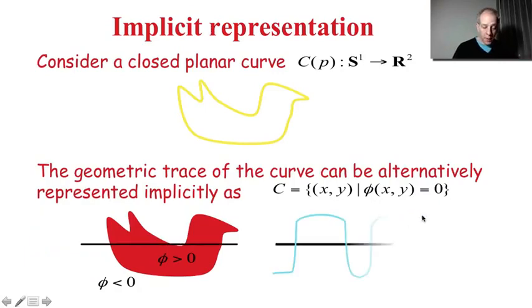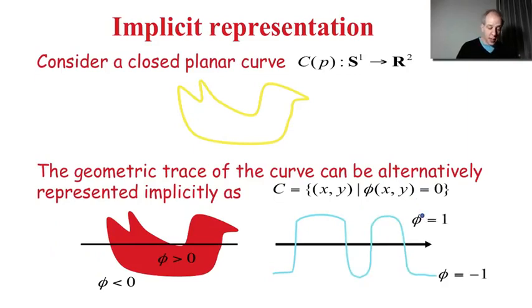Let's look at a profile of this. If I have a function that is positive inside and negative outside, and I cross it with a line, this is the profile. We are going from negative to positive, so this region is positive. Then we go outside, so we have negative again, and we go inside again, and outside again.